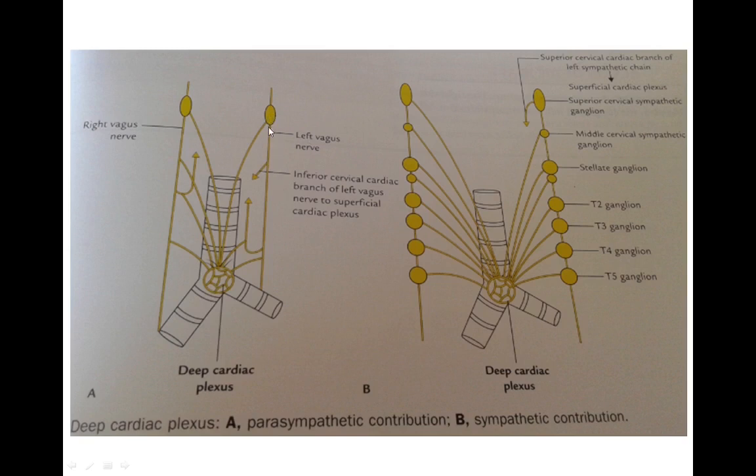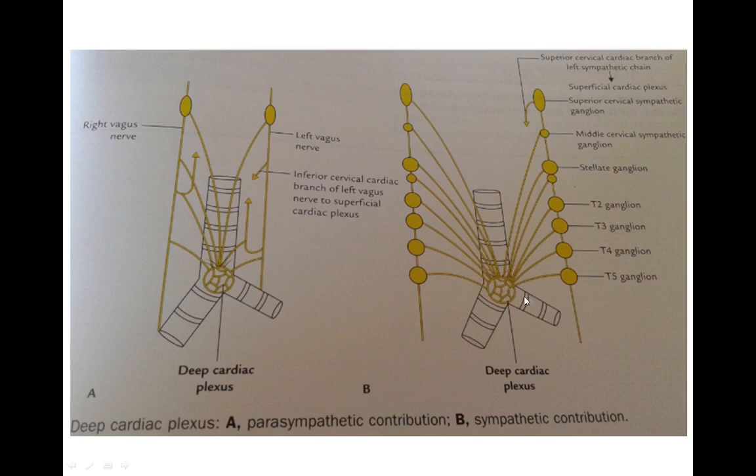This is your left vagus. From the vagus there is a branch, and this is from the recurrent laryngeal. From the sympathetic, superior, middle, inferior, and T1 will give branches to form the deep cardiac plexus.